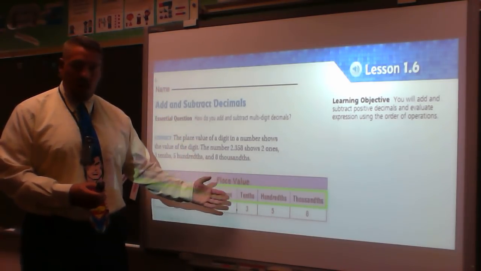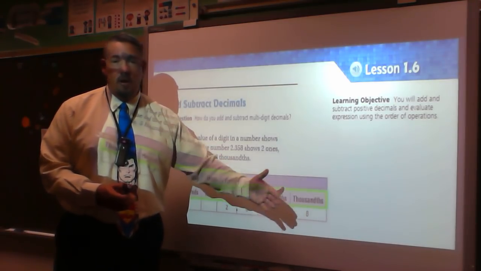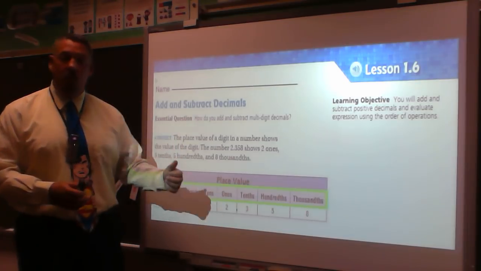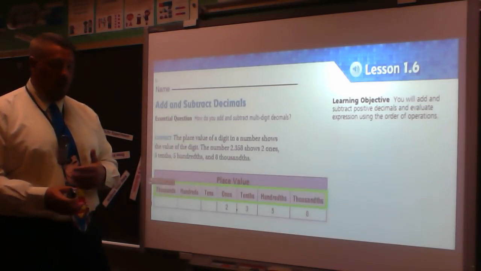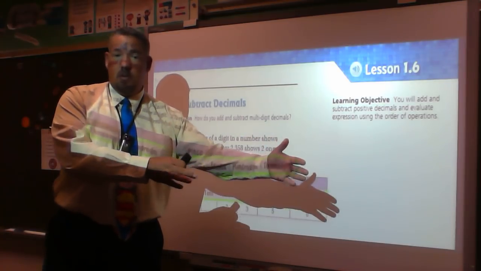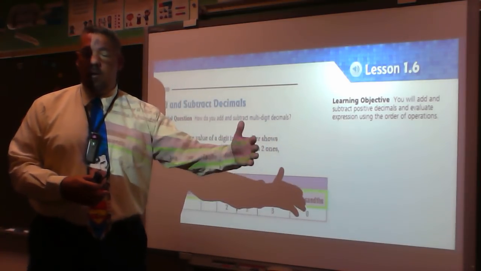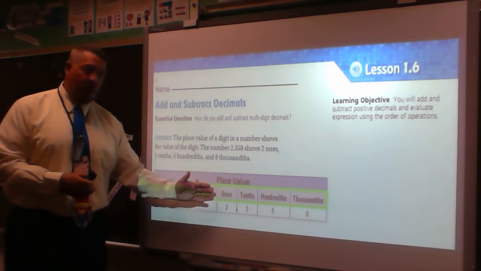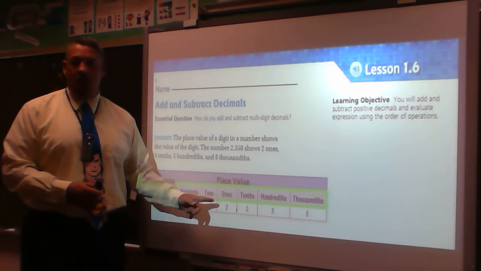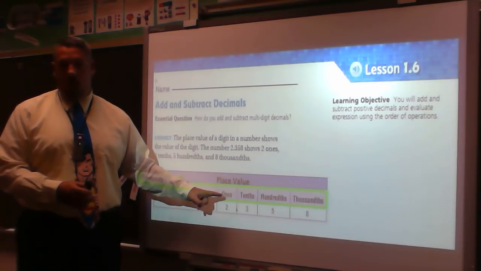If I keep going, I have 0.001, then that's a thousandths. And we keep going in the same pattern as when we go to the left. So I go from a thousandths to 10 thousandths to 100 thousandths. I get into millionths. So everything is repeated going to the right other than that one's position. That is unique to the whole numbers.